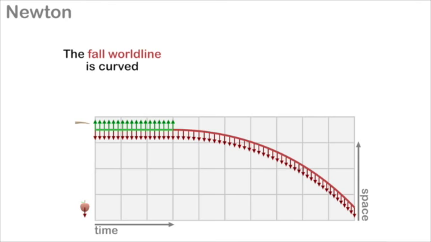So in this video, we are going to compare Newton's original theory of the falling apple and gravity to what Einstein created, the general relativity theory. It's basically going to use the correspondence principle, and I'm going to explain a little bit about that.